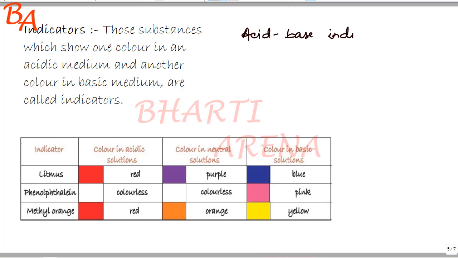Litmus is a natural dye found in lichens.